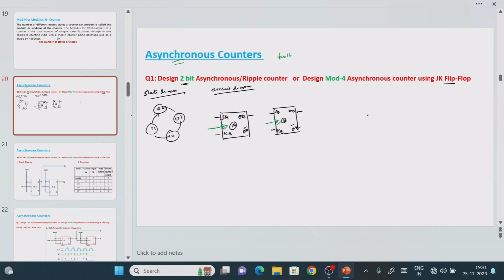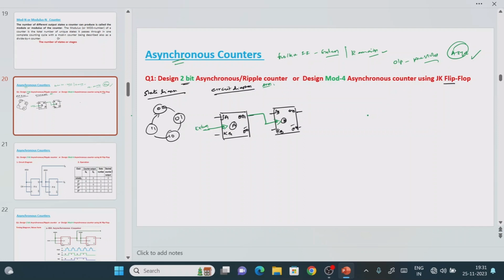For the first flip-flop, external clock pulse we need to apply, and for the remaining flip-flop, what clock pulse we need to apply? Output of the previous flip-flop. Then this is called the asynchronous counter, right? The first flip-flop we are applying the external clock pulse, and the second clock pulse is nothing but the output of the previous flip-flop.